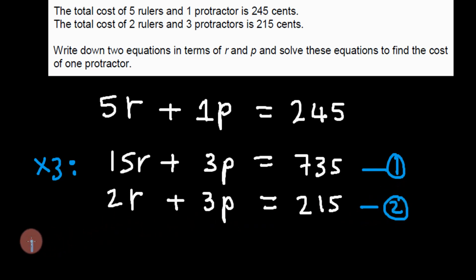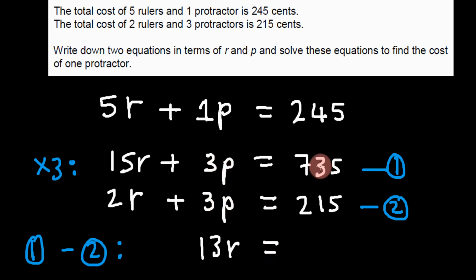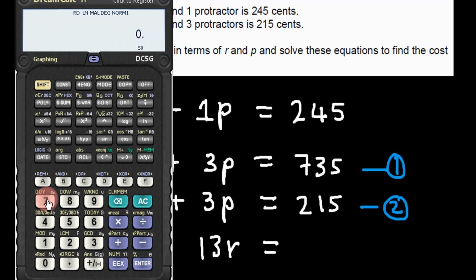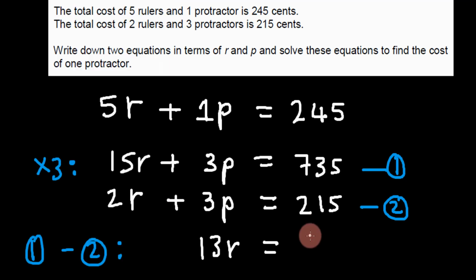Now we subtract equation 2 from equation 1, and the P's will cancel. So 15R minus 2R is 13R. 3P minus 3P is 0. And we have 735 minus 215. And that gives us 520.